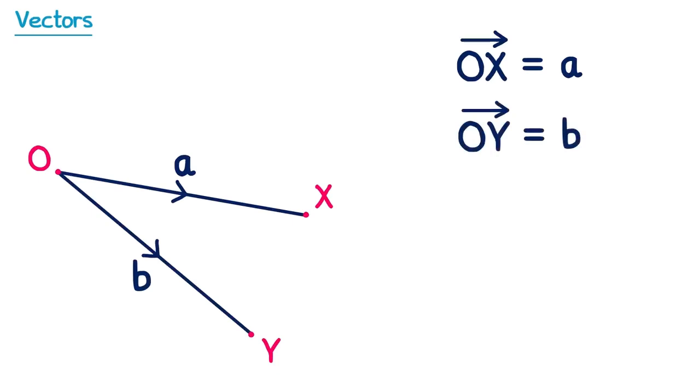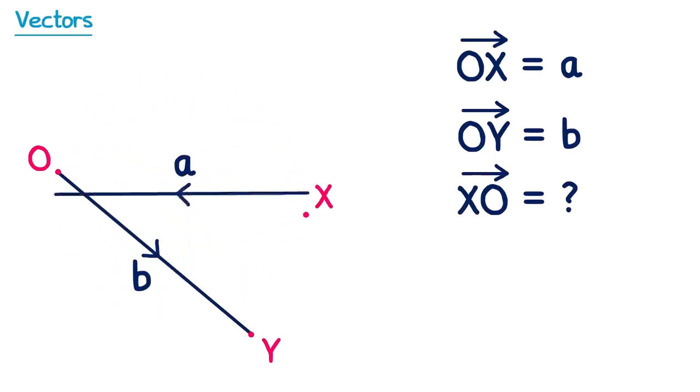If we decided to do these vectors but in the opposite direction, so starting at X then going to O, that would be the vector from X to O. If we were to do this though, we'd need to reverse the direction of this arrow. And if you reverse the direction of the arrow, you need to change the sign of all of the terms of the vector.